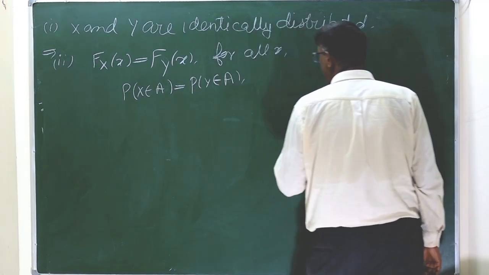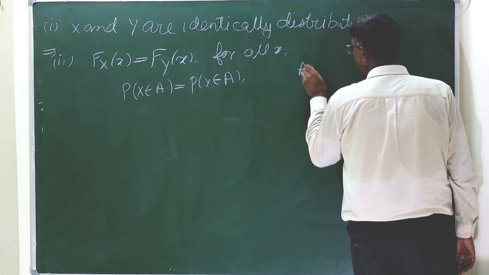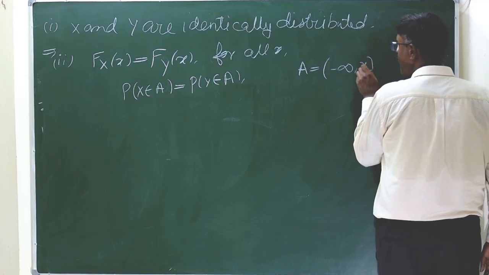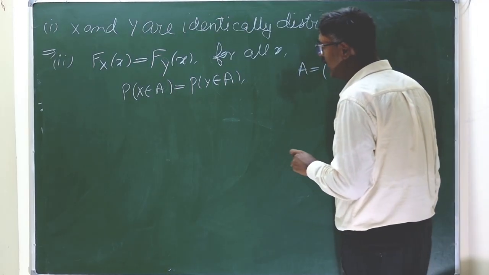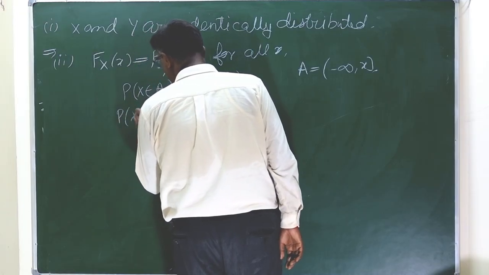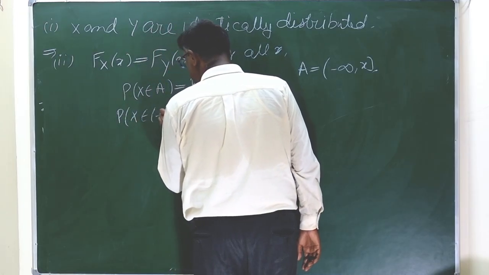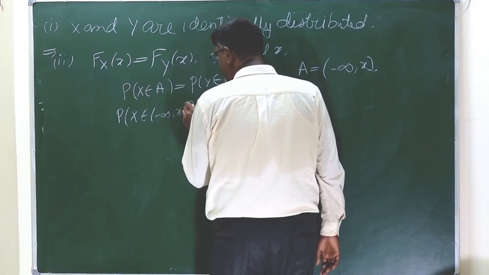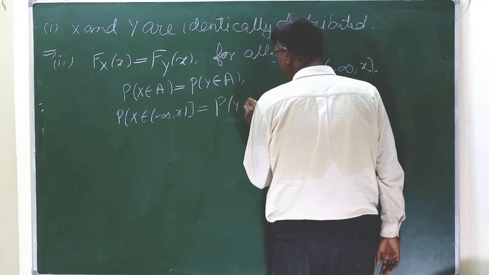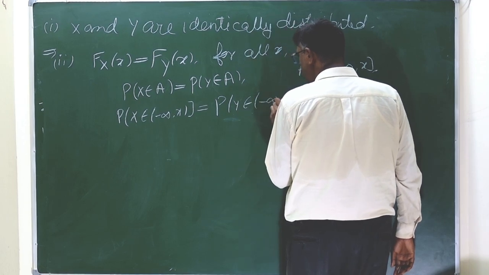Now let us define A as the interval minus infinity to x. Then what we will get? The probability that X belongs to the interval minus infinity to x will be equal to the probability of Y belonging to minus infinity to x.